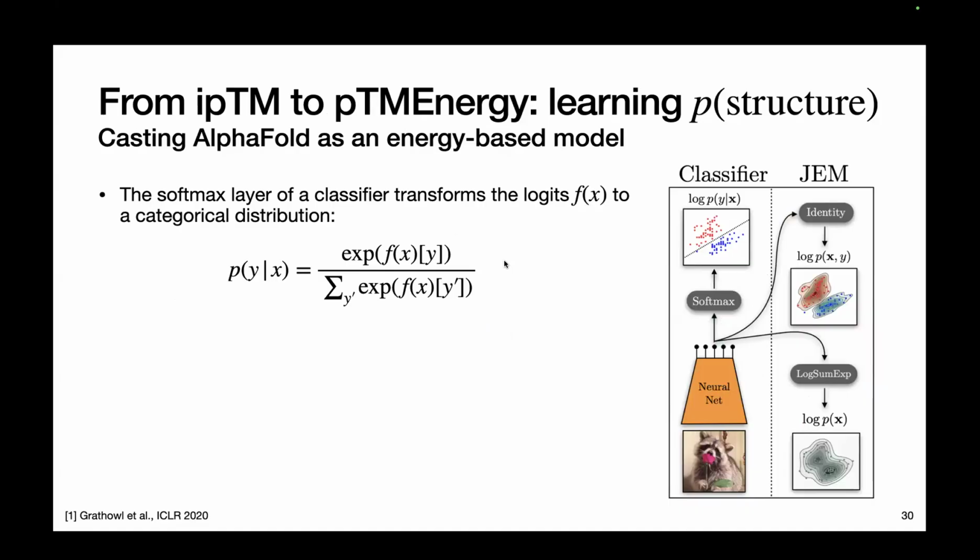So the rest of this part of the talk is about coming up with a way that can learn or extract this energy efficiently, right? The approach we took is we found a way to cast AlphaFold as an energy-based model and to extract the unnormalized likelihood of these predicted protein structures, based on the confidence heads.